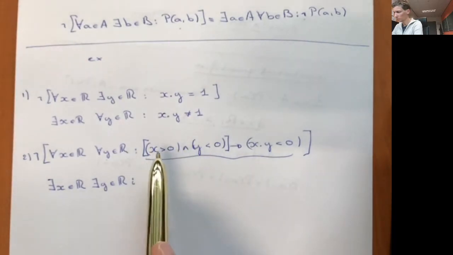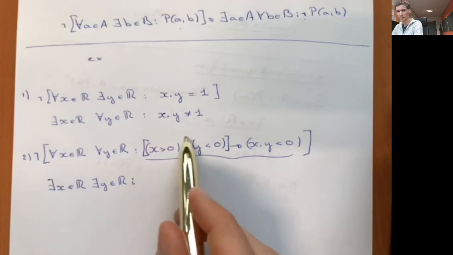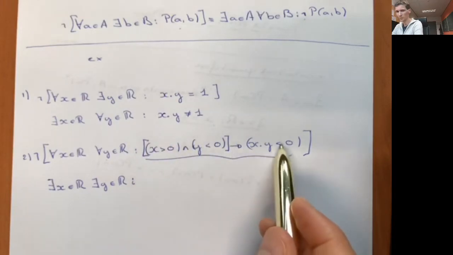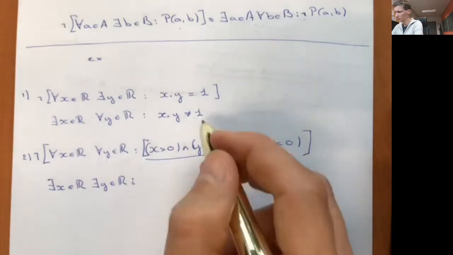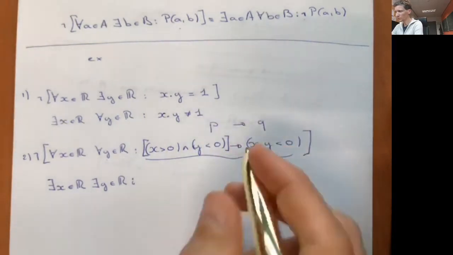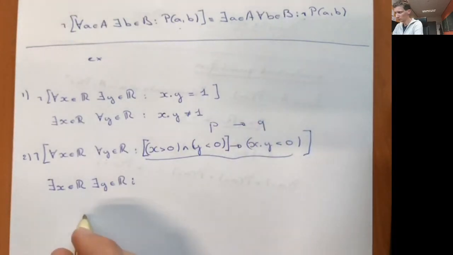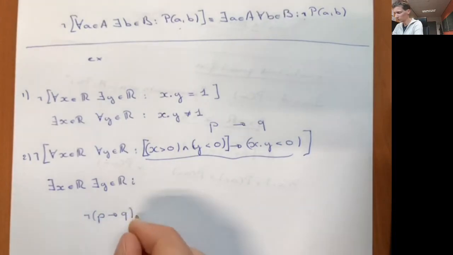Okay, so how does this formula look? Well, first we have a part here, and we have an implication, and then we have another formula here. So this looks similar to P implies Q. So we have to negate a P implies Q. Okay, so if you remember, if you have a P implies Q, what's the negation of this?